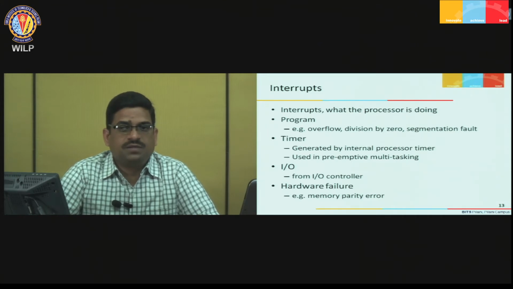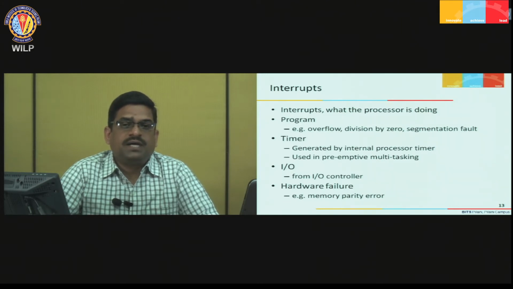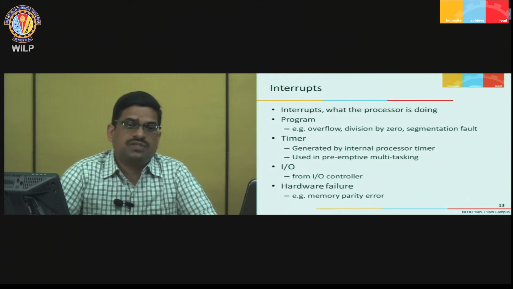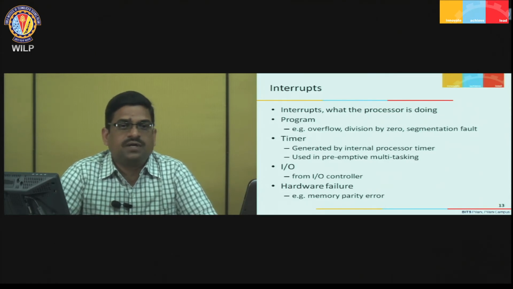Overflow, division by 0, and segmentation fault are all examples of internal interrupts. An interrupt may also be generated by the timer device. For example, in preemptive multitasking, a timer is used. When the time is over, the processor stops the one operation and does some work on another process.